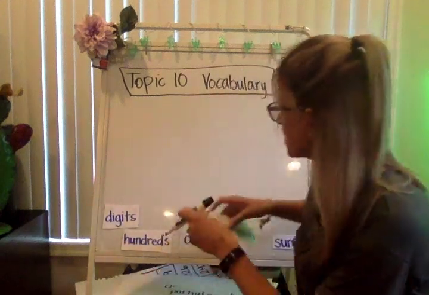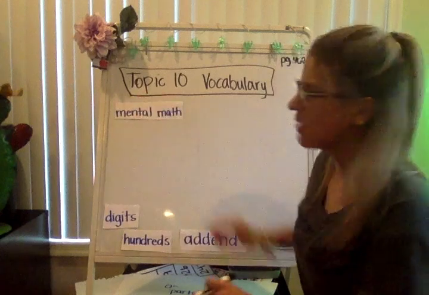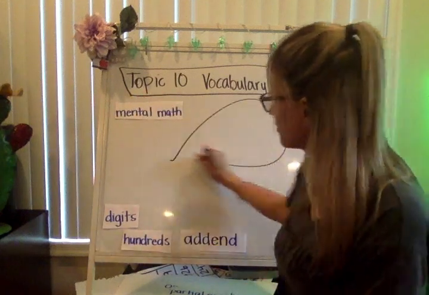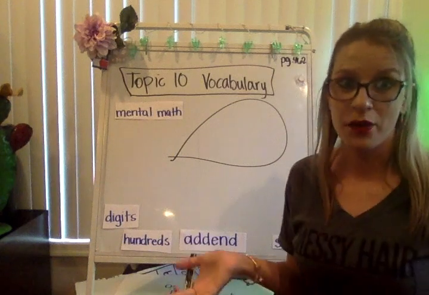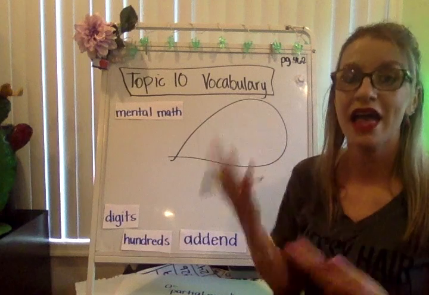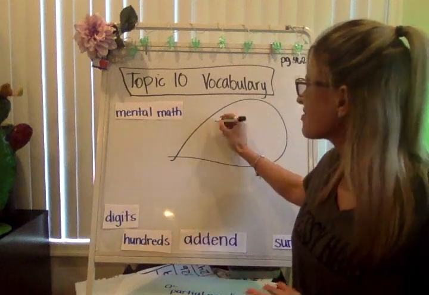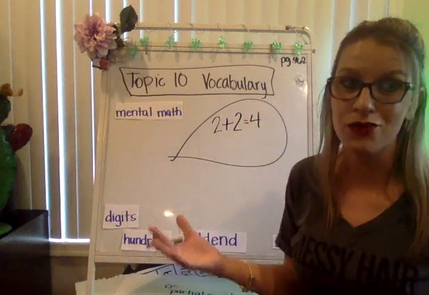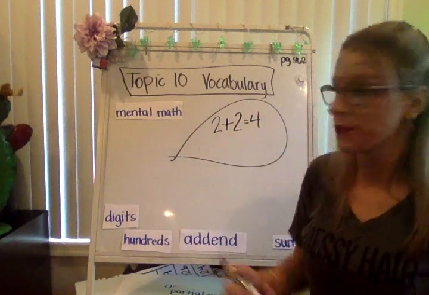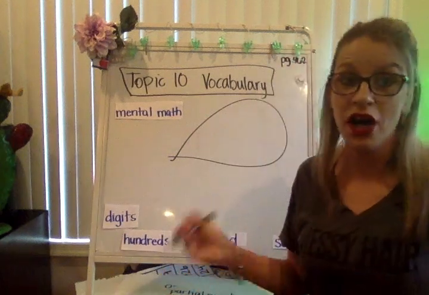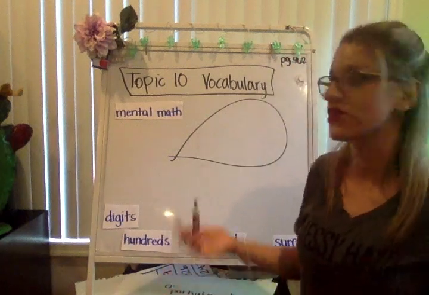The next word I want to talk about is mental math. This vocabulary term, mental math, gives me a picture in my head of a thought bubble. Mental math are math problems that you can do in your head. So, for example, you have a lot of practice with doing problems such as 2 plus 2 equals 4. In this topic, number 10, we've done a lot of mental math with adding 100 or adding 10 to a given number.